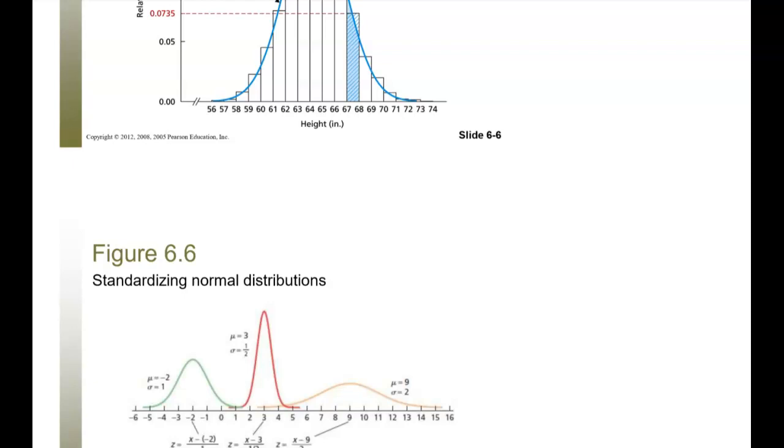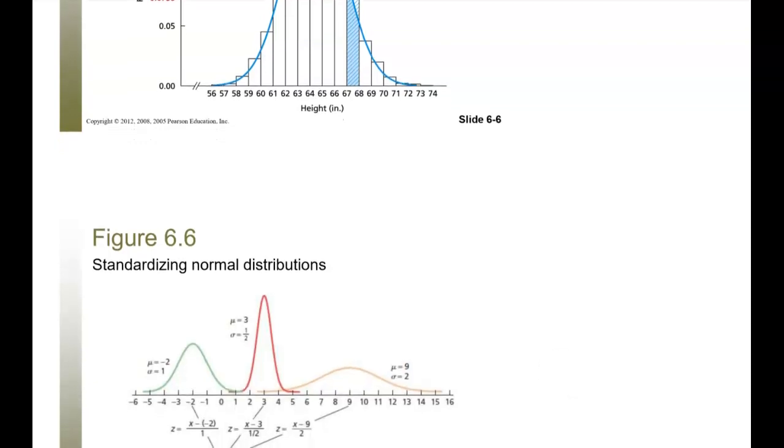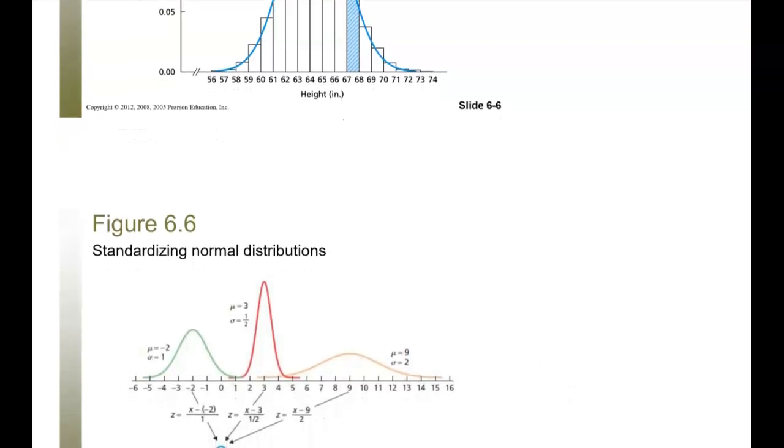But as I said, every one has a slightly different shape depending on how large that standard deviation is. But here's the deal. If you take any data set, no matter how large the standard deviation, no matter where the mean is, and you actually standardize the data, take a look at what's done here.